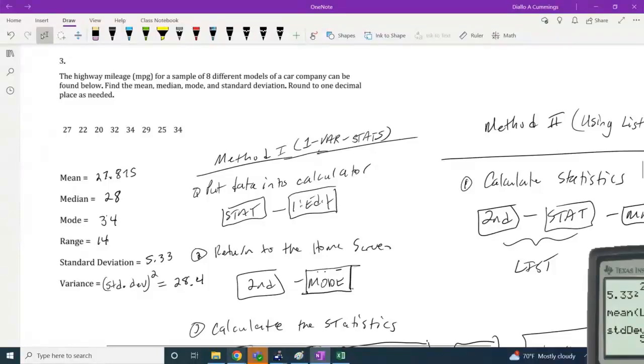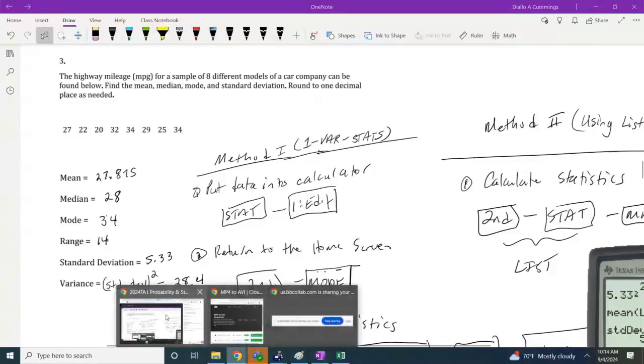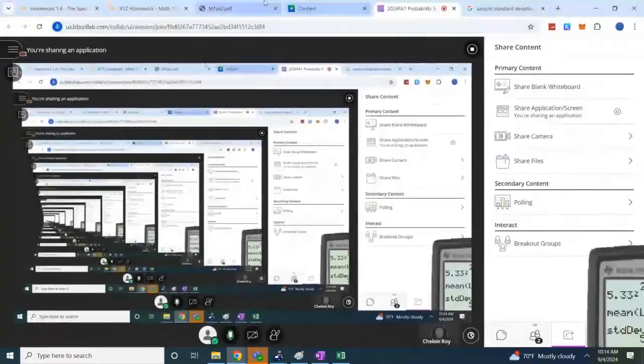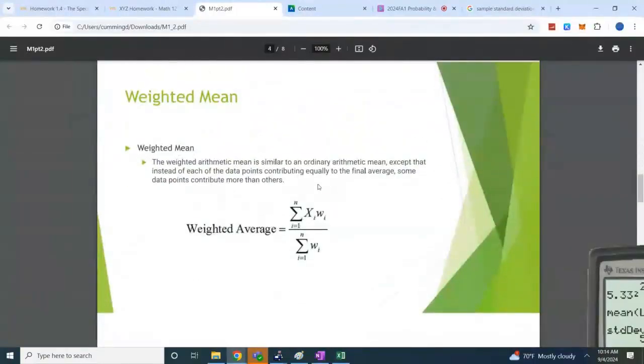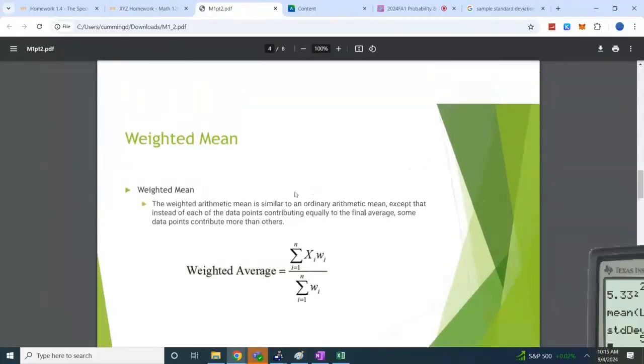All right, so just some calculator functions there. I'm going to go back to the lecture notes, and we're going to talk about a weighted mean, or a weighted average. This is no more than how you calculate a GPA. You calculate a GPA by using what's called a weighted mean or weighted average.